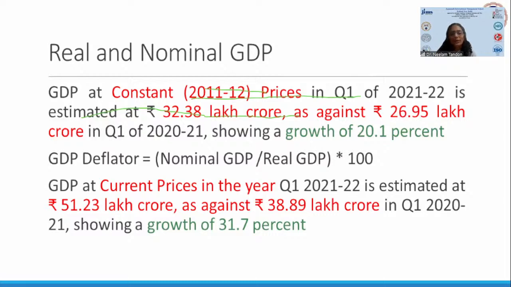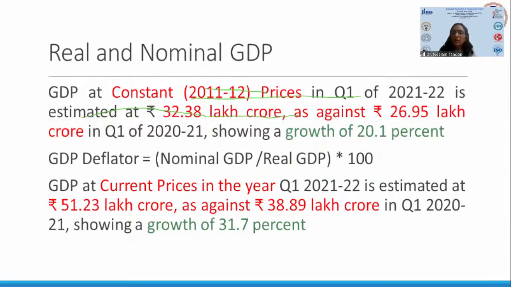So for real GDP, we take the mobile production in the current year, 2022, but we take the price of the base year. What do we mean by base year? The base year is the year where prices were much more stable. In India, we have taken the base year as 2011-12.